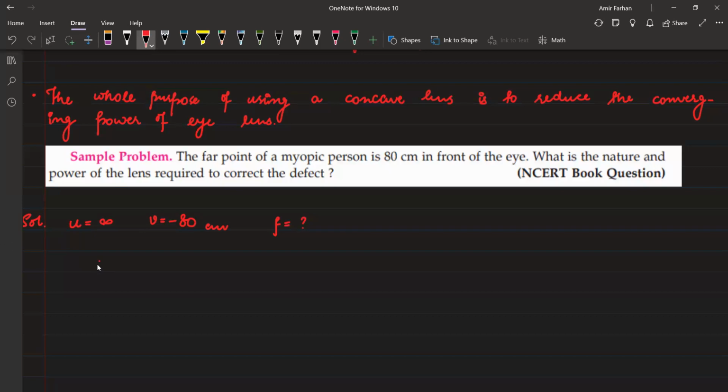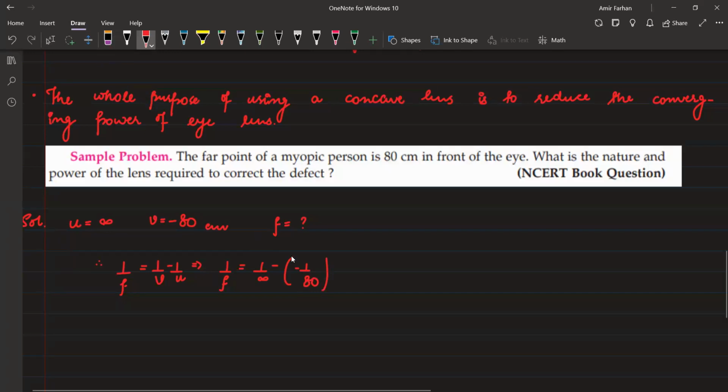So now we will use the lens formula, that is 1 by f equals 1 by v minus 1 by u. So 1 by f is equal to 1 by infinity minus of minus 1 by 80. What is 1 by infinity?